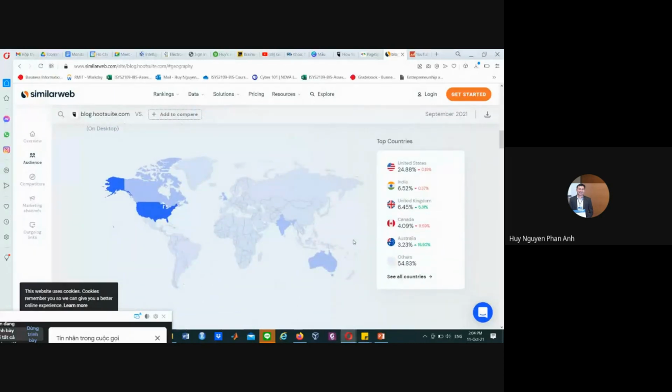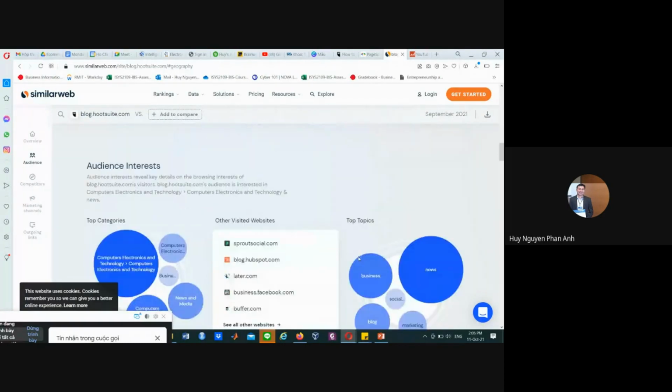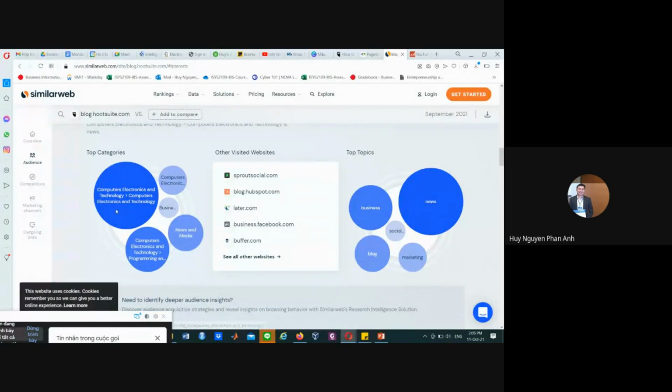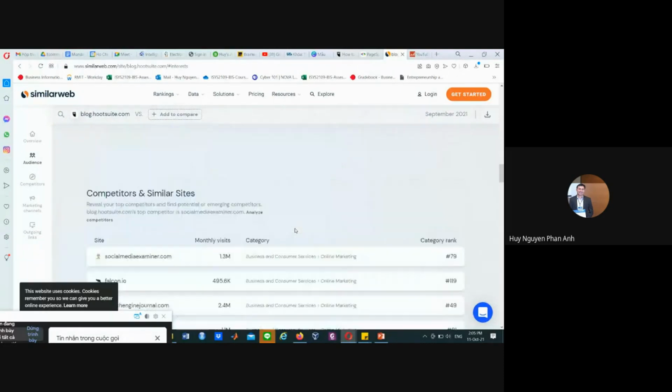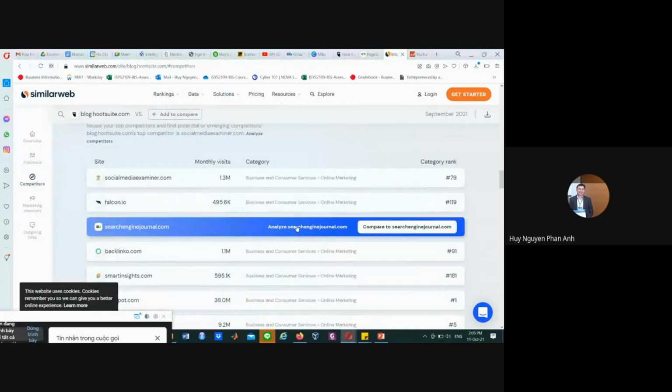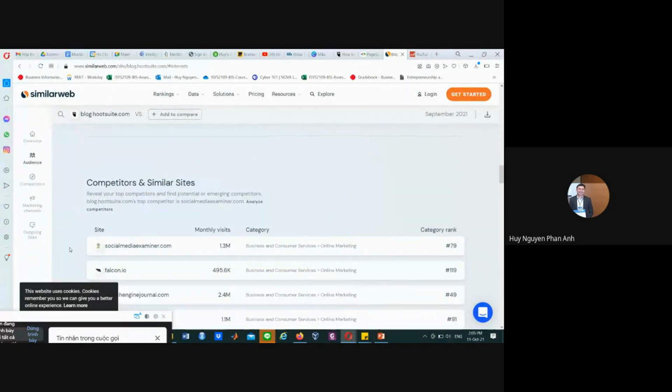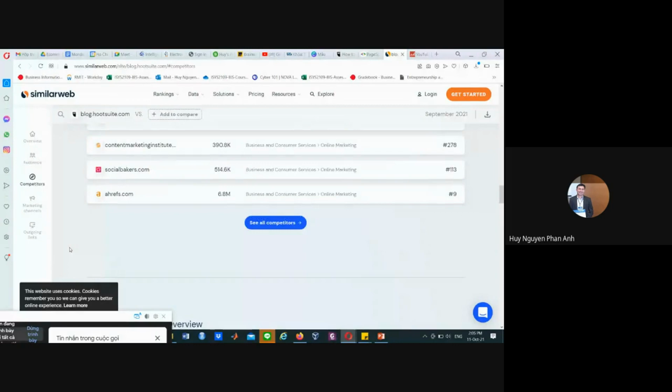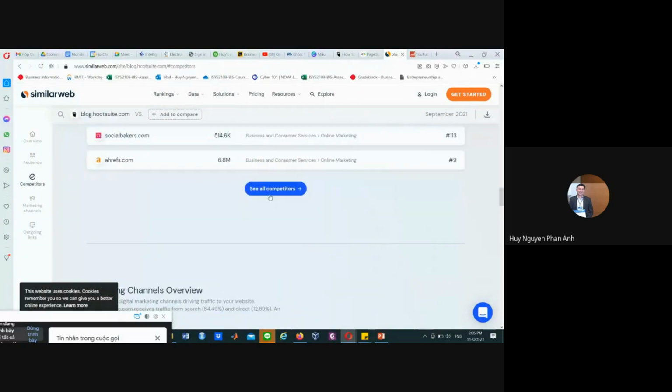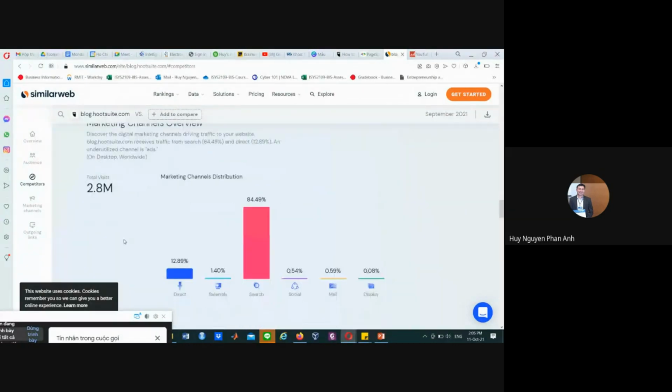You should try this one. You can see where they are from, the top countries, and the audience interests. So they do know about your audience interests as well. They also have other visited websites, relevant topics, and some comparisons of similar size. You can even see the competitors as well.